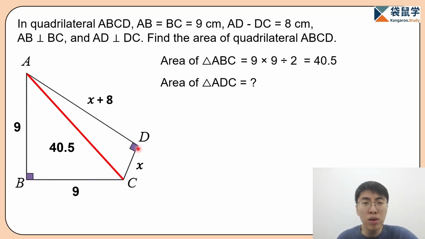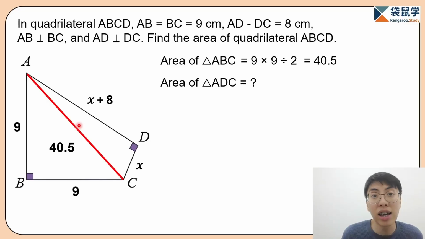So with that being said, now we have the values of CD and AD. And we think we should be able to find the area of this triangle ADC now. But there remains another problem, which is that we do not know the value of x. So now we think, we have a right angle triangle and an unknown x that we need to find.